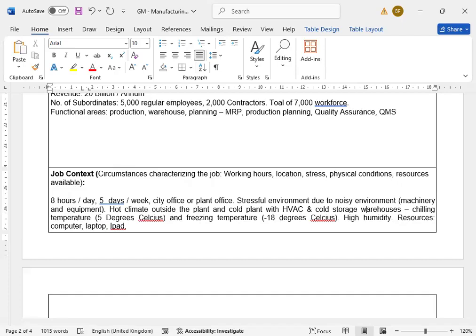You have to provide iPhones, and the charges are all free, shouldered by the company.